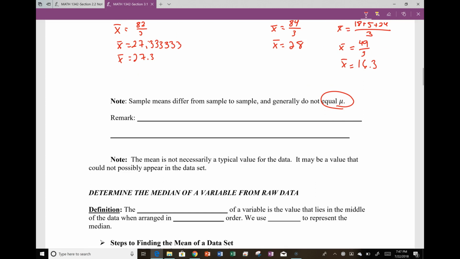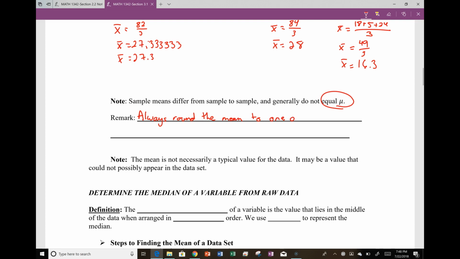Recall whenever I said in our calculators we got 27.33333, but I simplified it to 27.3. We want to always round the mean to 1 decimal place.